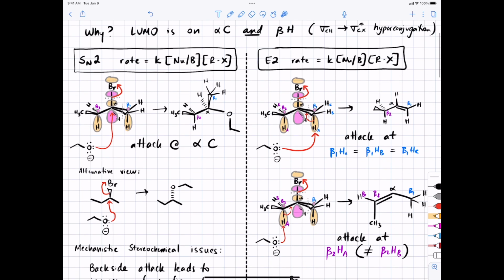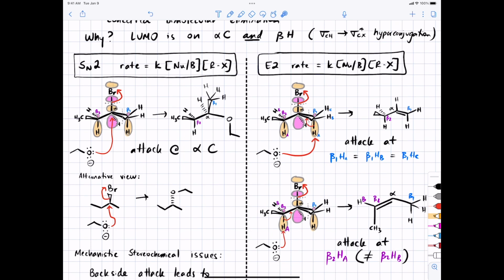In terms of the E2 reaction, elimination occurs when, instead of attacking the alpha carbon, the nucleophile attacks one of the beta protons. Now remember that in order for the LUMO to spread out onto the beta proton, the carbon-hydrogen bond must line up with the carbon-halide sigma star. And the only way for that to happen is for the carbon-hydrogen bond to be anti to the leaving group on the adjacent atom.